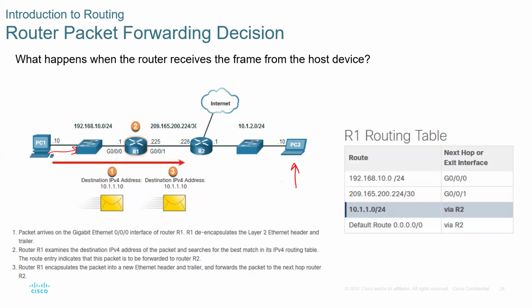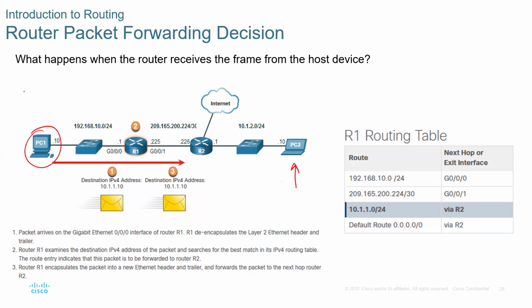It gets to this switch. We won't focus on layer 2 because this is the layer 2 device. We want to focus on layer 3. From the layer 2 device, it gets re-encapsulated and goes to the router, right? Let me go back.